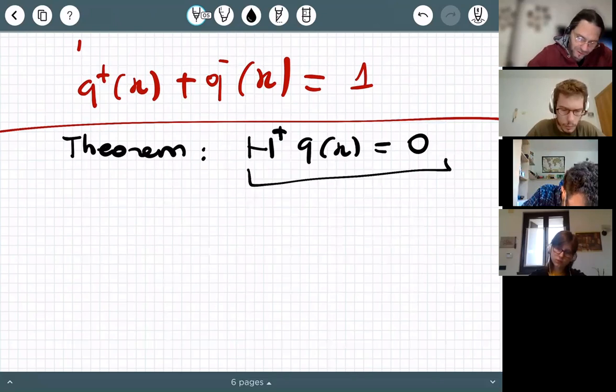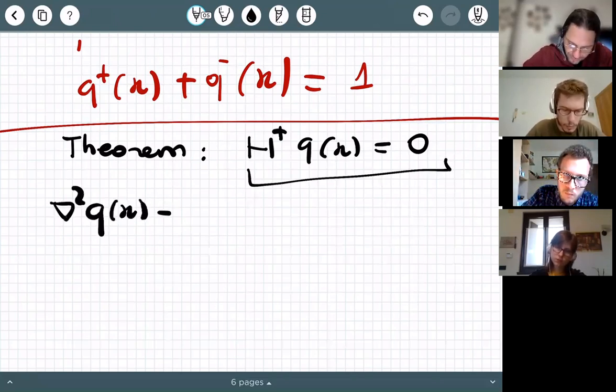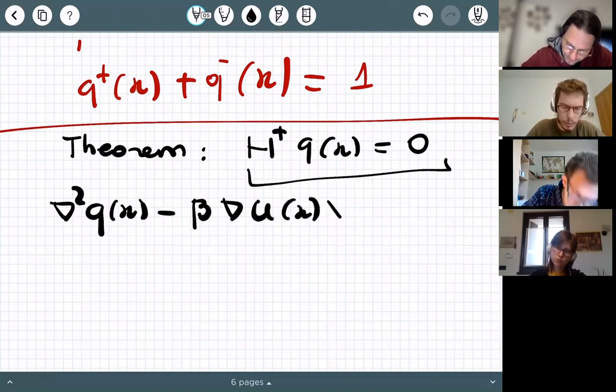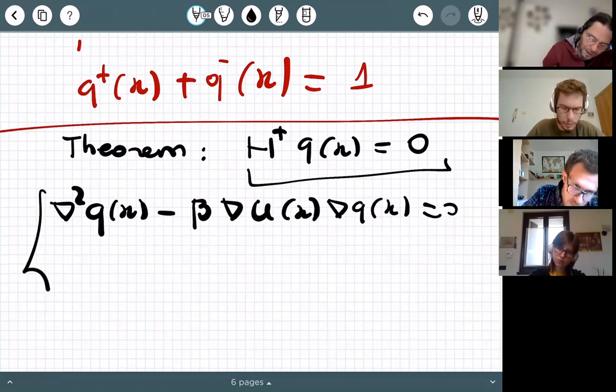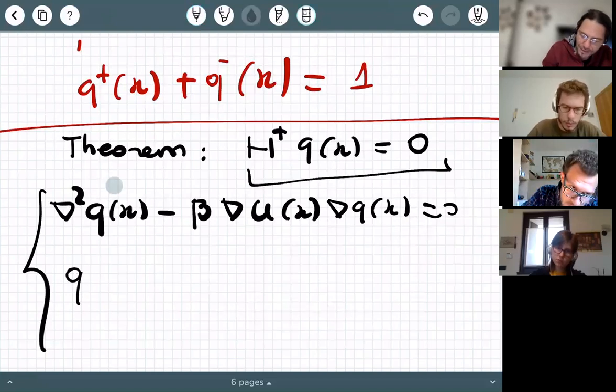So in other words, the committor satisfies the differential equation, which is a partial differential equation, with boundary conditions. Now I'm neglecting the plus.